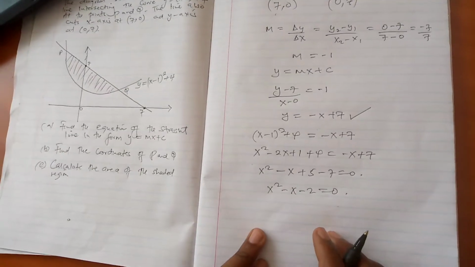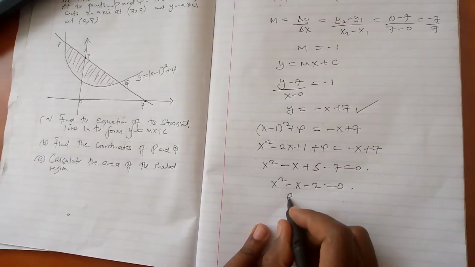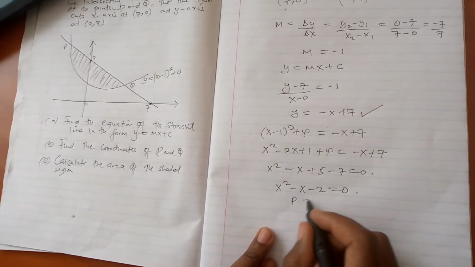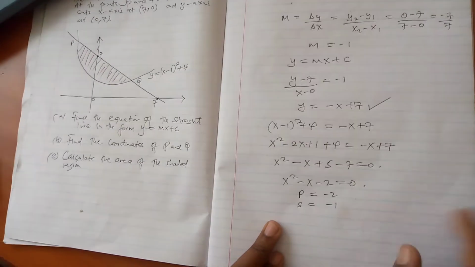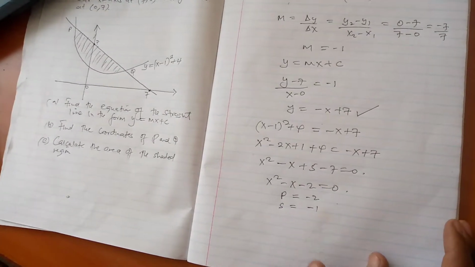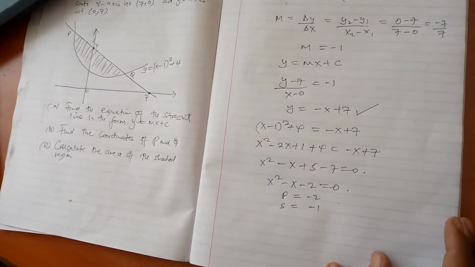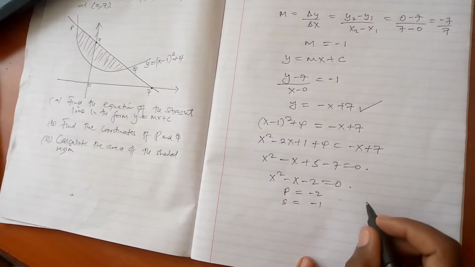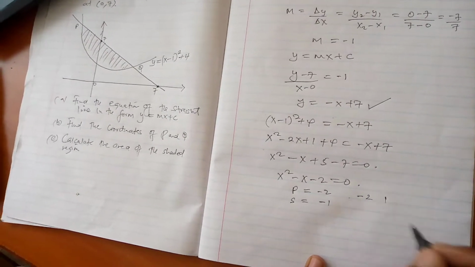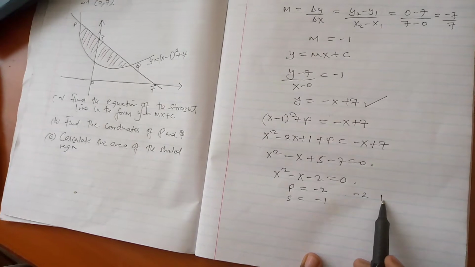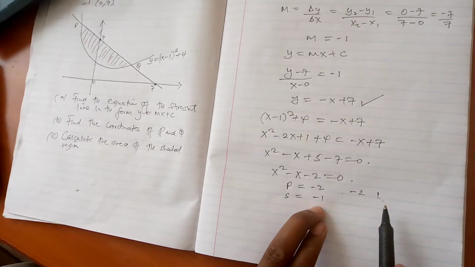To simplify this, we are going to ask ourselves, the product is equal to minus 2, the sum is equal to minus 1. So we are trying to come up with 2 numbers where the sum is minus 1 and the product is minus 2. The two numbers seem like minus 2 and 1, because when you multiply the 2, you're going to get minus 2, and when you sum them up, you're going to have minus 1.